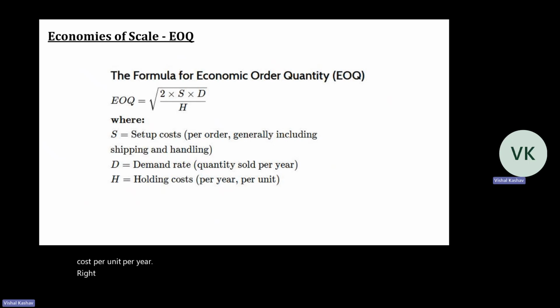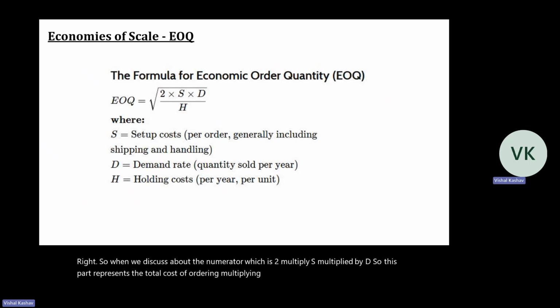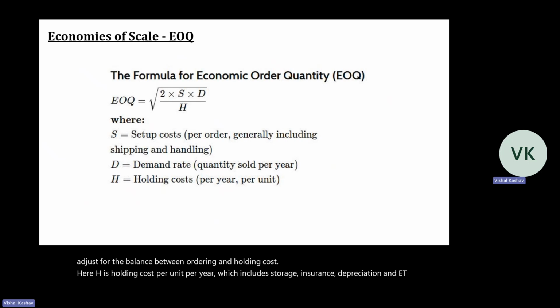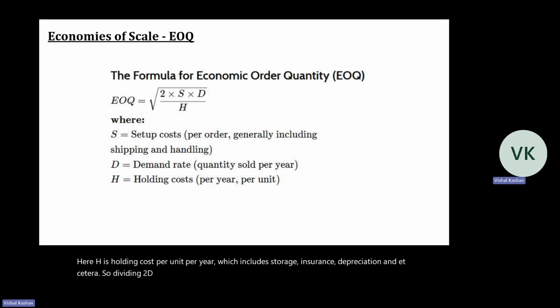Right. So when we discuss the numerator, which is 2 multiplied by S multiplied by D, this part represents the total cost of ordering. Multiplying annual demand, which is D, by the cost per order, which is S, gives the total annual ordering cost, and multiplying by 2 adjusts for the balance between ordering and holding costs. Here, H is holding cost per unit per year, which includes storage, insurance, depreciation, etc. So dividing 2SD by H balances ordering and holding costs.